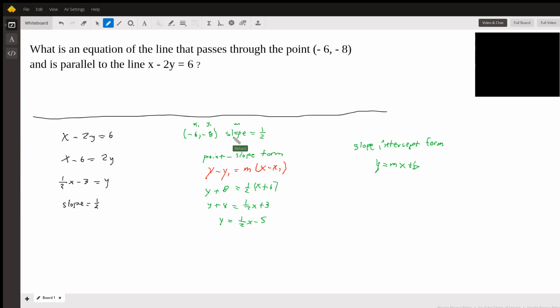We know m here, so we can write y equals 1/2 x plus b. So now we're going to use the point, which was -6, -8. So I'll replace y with -8 equals 1/2, replace x with -6.